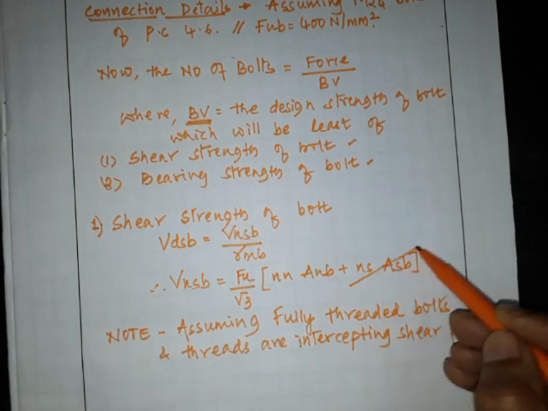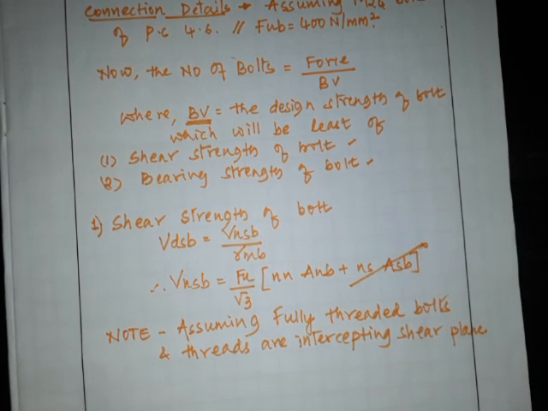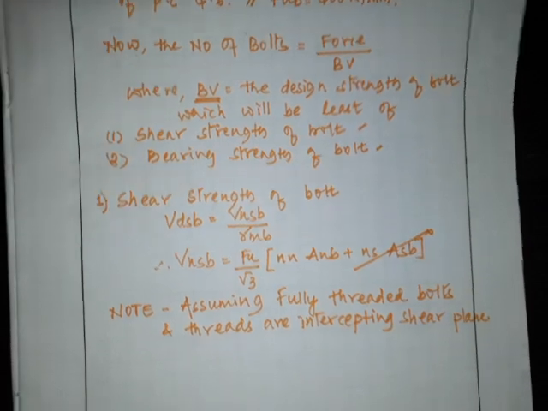So this term will become 0. That's why it is Nn into Nb.